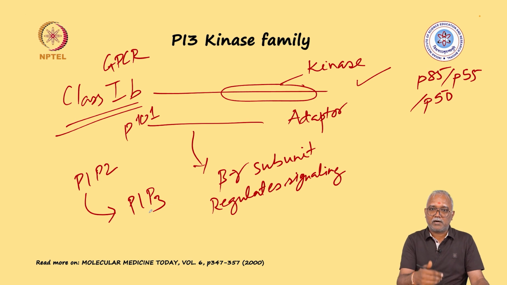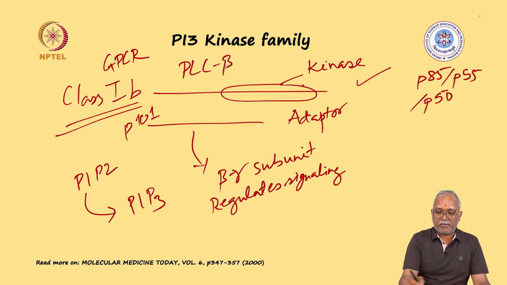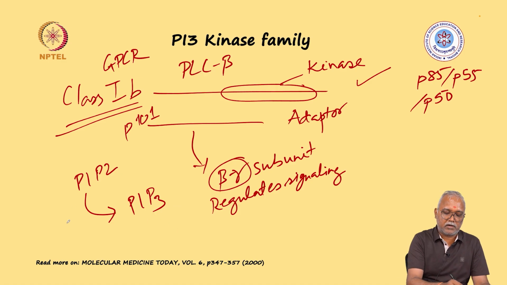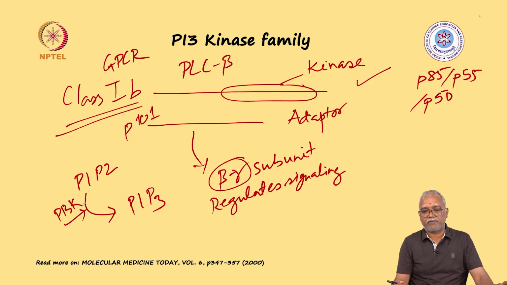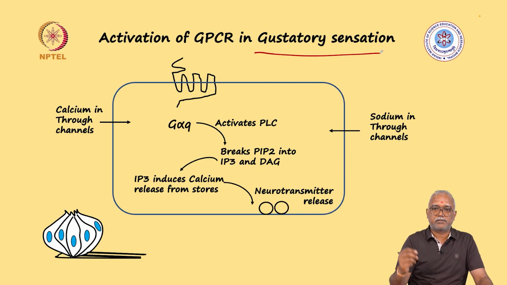In this case, the directly activated molecule is PLC beta, but the subunits of the heterotrimeric G protein, beta gamma, are engaging in this conversion by PI3 kinase and thus having an opposing function in the signaling. Let's take an example of this signaling which goes on in most of our taste sensation.